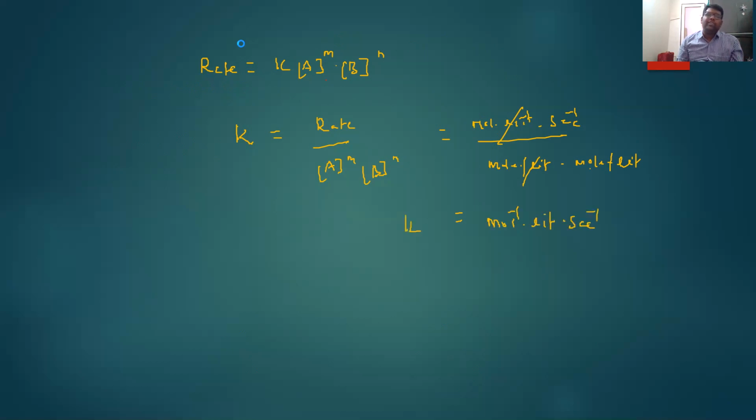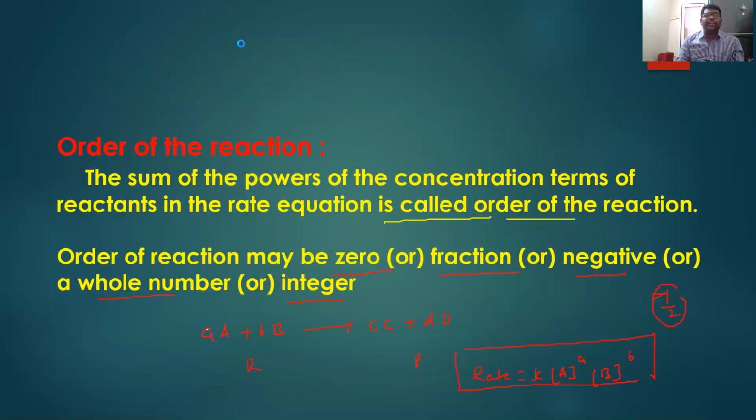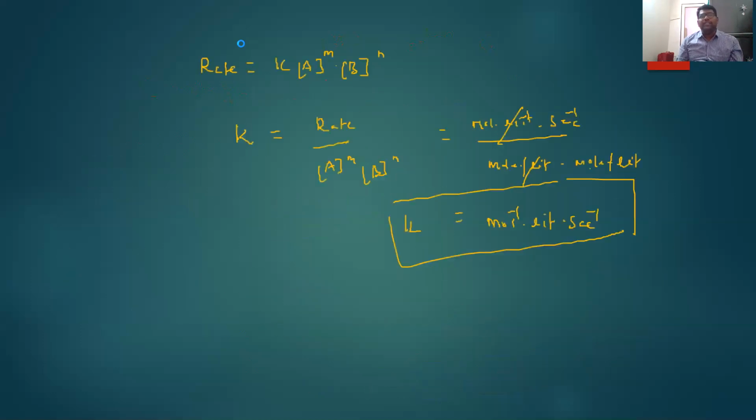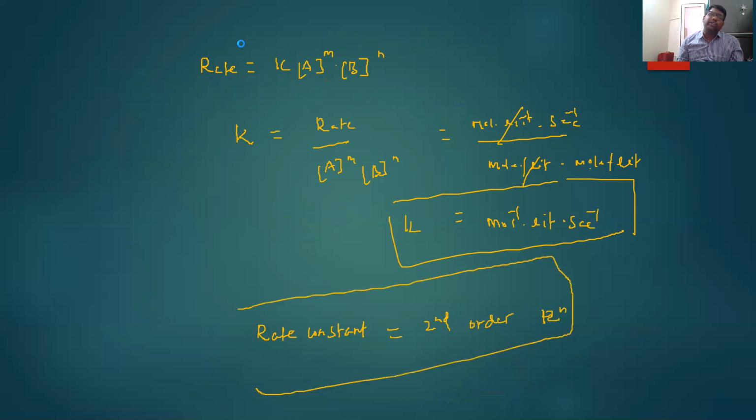This is the rate constant unit, exactly equal to the second order reaction: liter per mole per second. So these are the simple tricks for units.